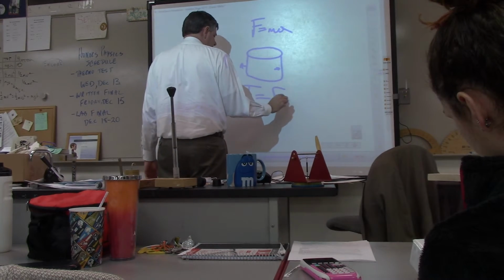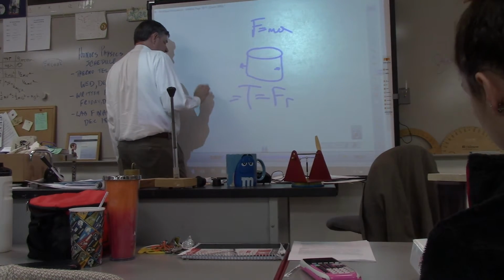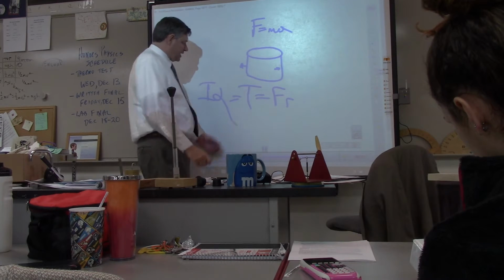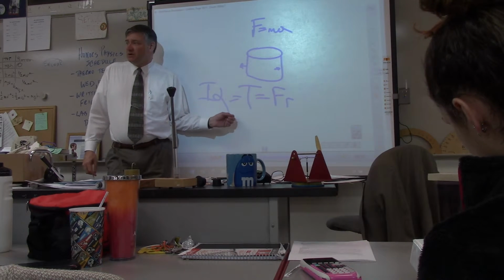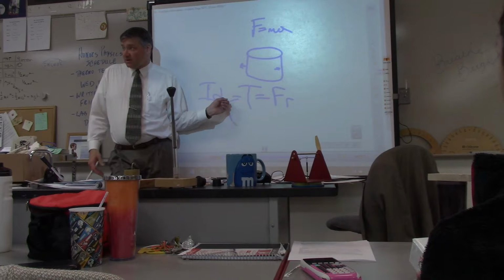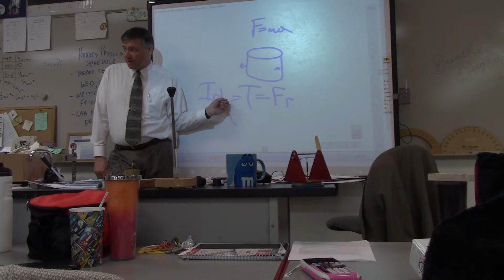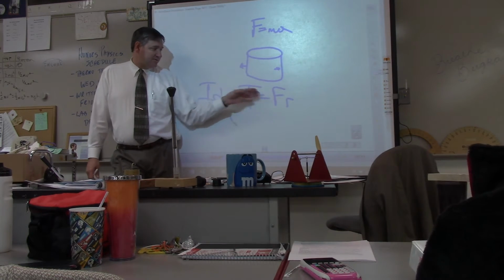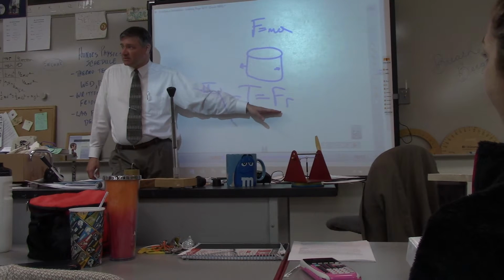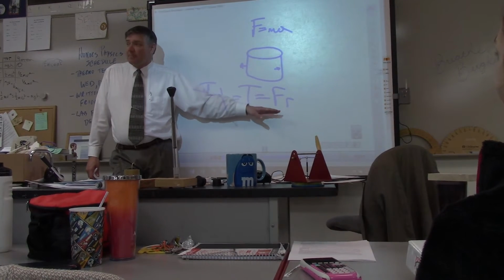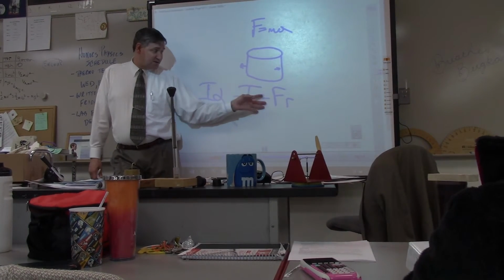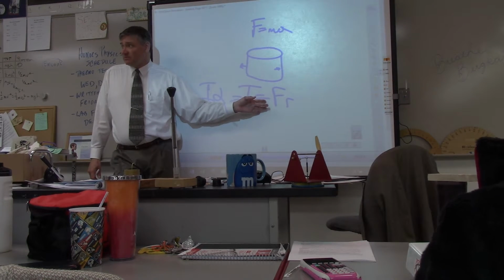Force times radius, and it equals I alpha. So what I might do is say, hey, this needs an angular acceleration of 5 radians per second squared. Here's the moment of inertia. Here's the radius, how much force is needed. If I ask you to do this, I will give you a lot of these numbers.